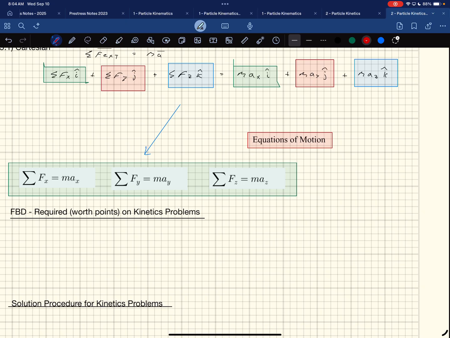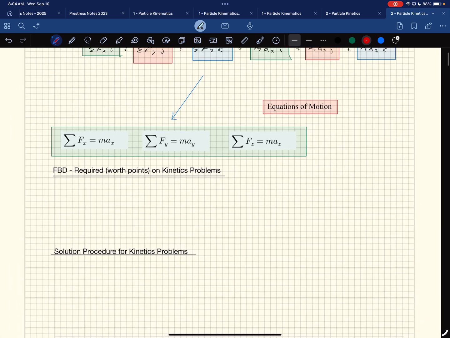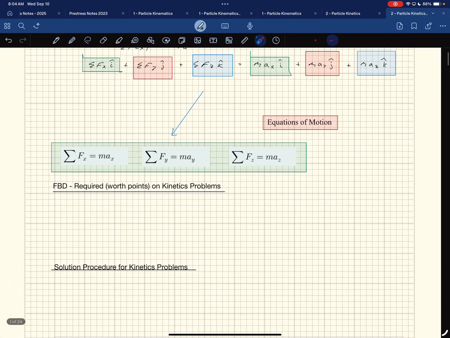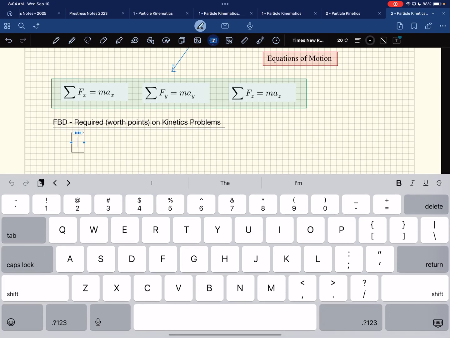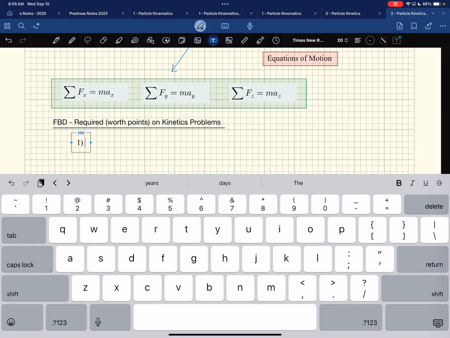Okay. When we do these things, we have to sum these forces, and the best way to do that is to have a free body diagram. Like I said, I'm going to have a little checklist to help us do this. It's going to be very structured. The checklist doesn't have to be done in this order; it doesn't have to be sequential.